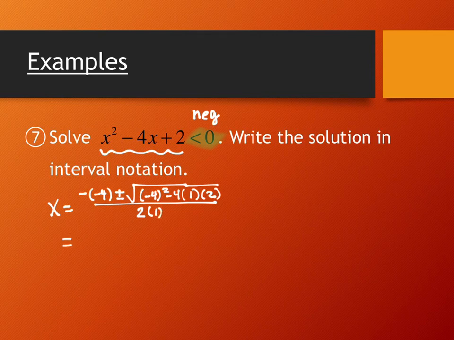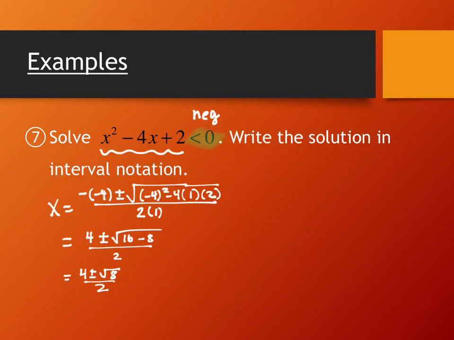As we simplify and clean this up, I have a 4 on the outside, plus or minus the square root. Negative 4 squared would be 16, minus 4 times 1 times 2, which would be minus 8. So we end up getting an 8 underneath there, over 2. So I have 4 plus or minus the square root of 8 over 2.